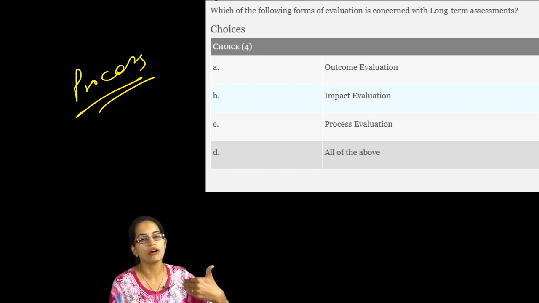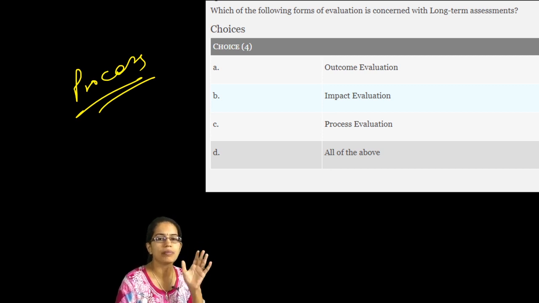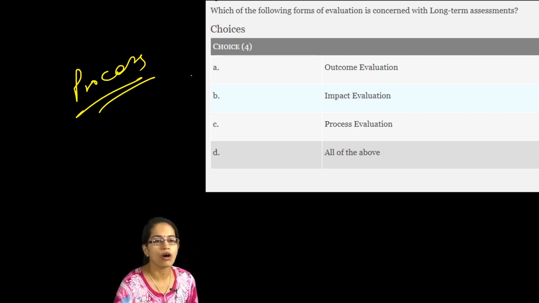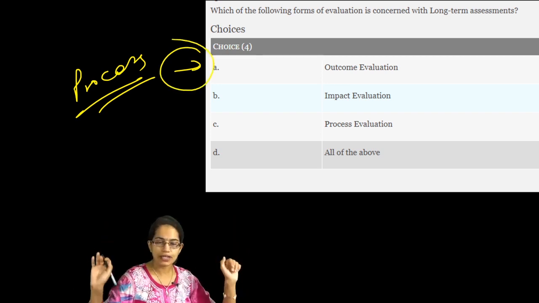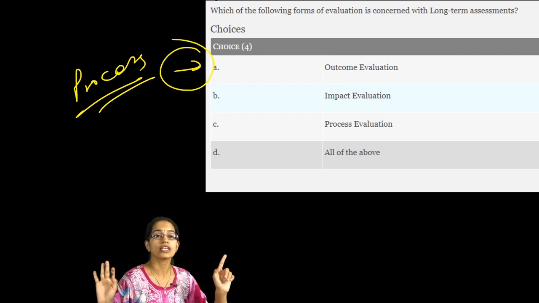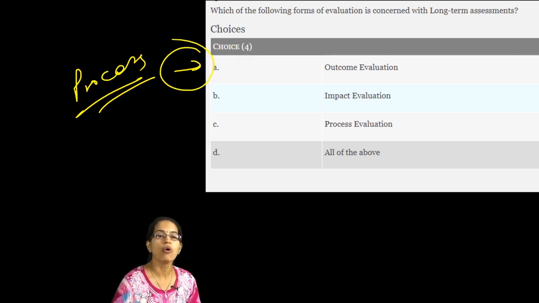So that's the kind of long term assessment that we are talking about. When we are talking about long term assessment, it is outcome oriented. So our outcome is better health, better longevity, better life expectancy in order to have more productive years of life or more working years.